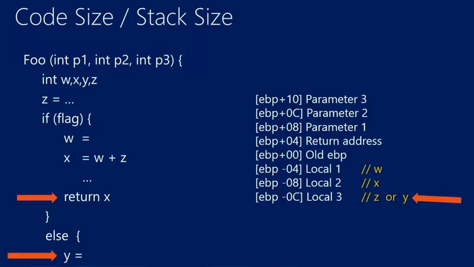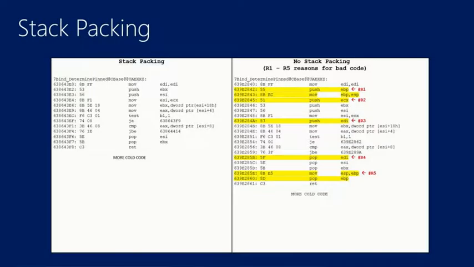And this adds up if you have a lot of locals and you're in the kernel, or if you have a deep call stack and you're in something like JavaScript walking the DOM. This really adds up. So here's an example where I personally broke stack packing. And it took a month to figure out why something slowed down by 4%. That was a poor lifestyle choice. I'm using HR terms because our HR person is watching this.